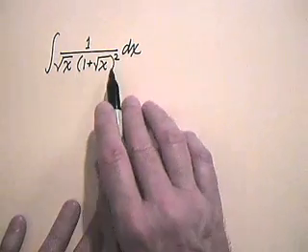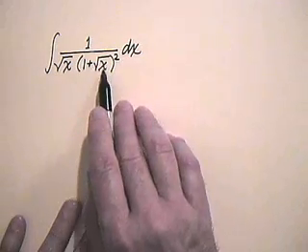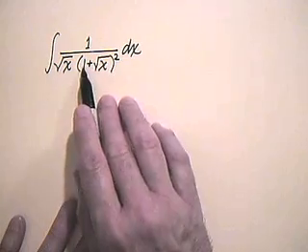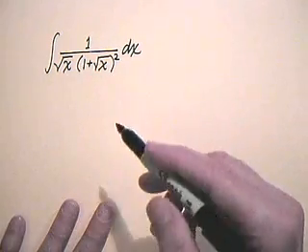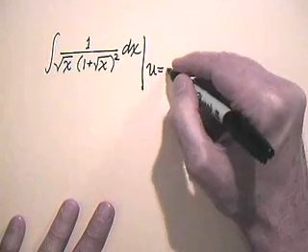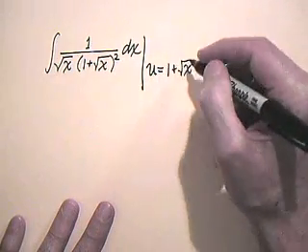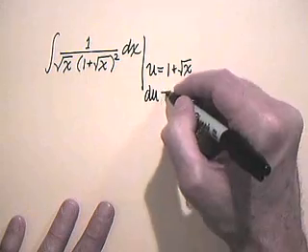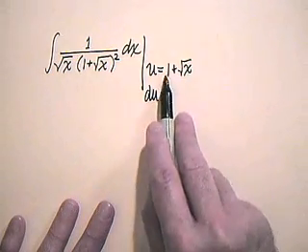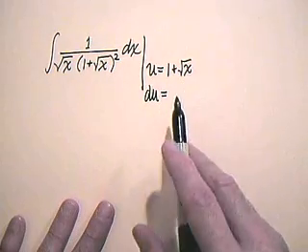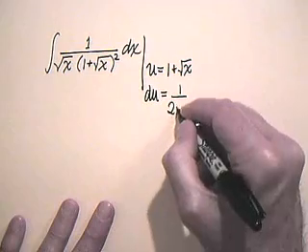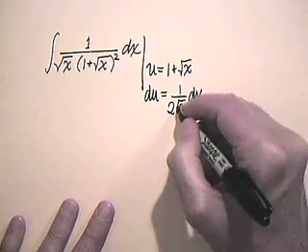It looks like a complicated expression, but let's concentrate on the parenthesis, and what's inside the parenthesis, let's replace by a single variable u. So we're going to substitute u equals 1 plus the square root of x. Well, then du dx is the derivative of this expression, which is simply 1 over 2 root x. And so consequently, du is 1 over 2 root x dx.